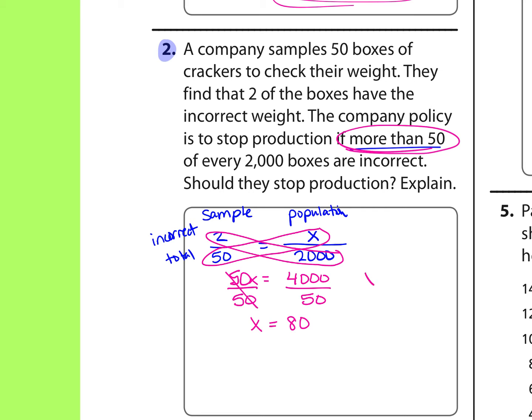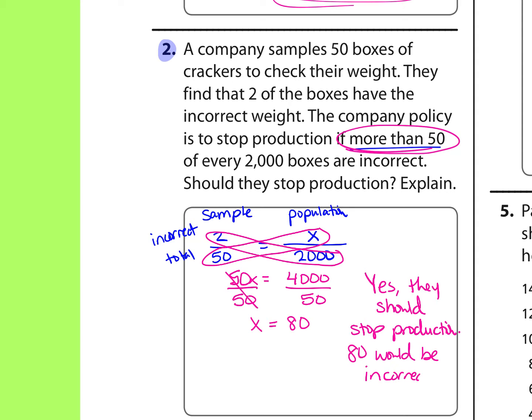So, yes, they should stop production. 80 would be incorrect. Or we would predict that 80 would be incorrect.